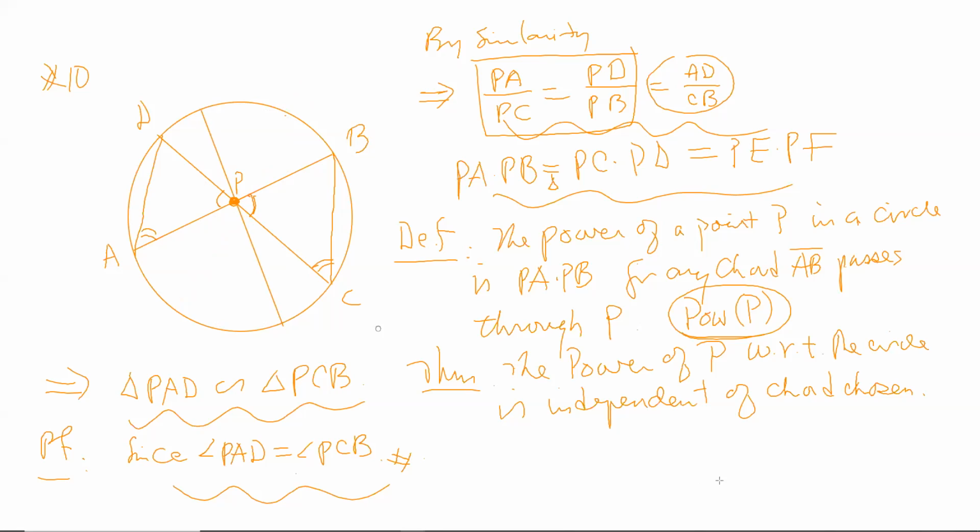So in particular, let me call them E and F. So in particular, we can pick... let me just say this. The power of point P is equal to R squared minus the distance from P to the center squared.